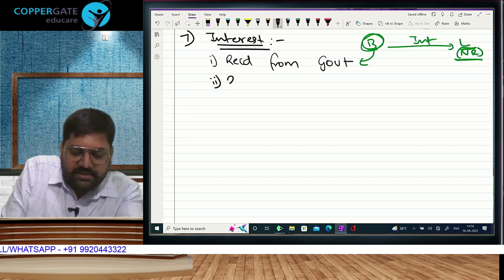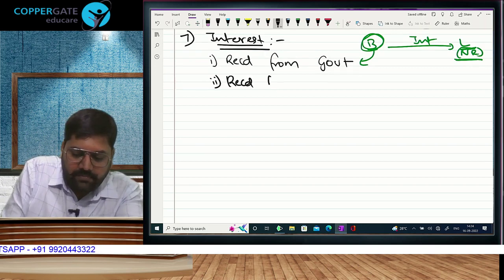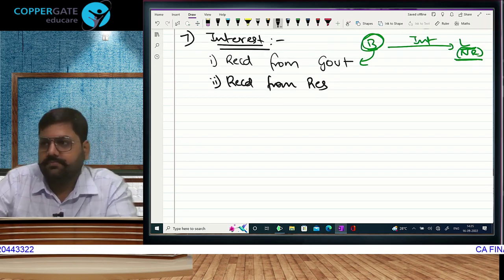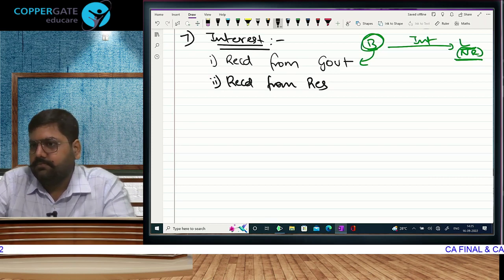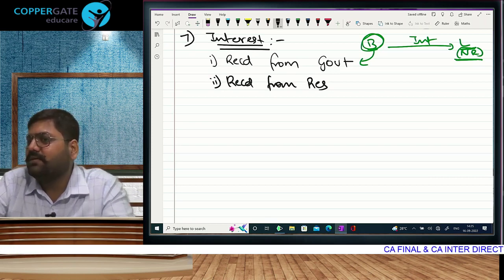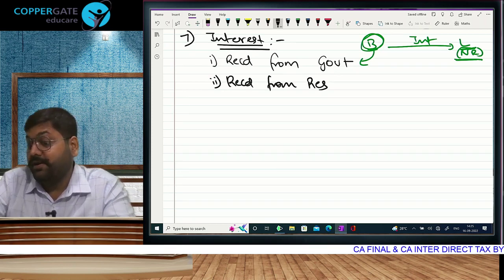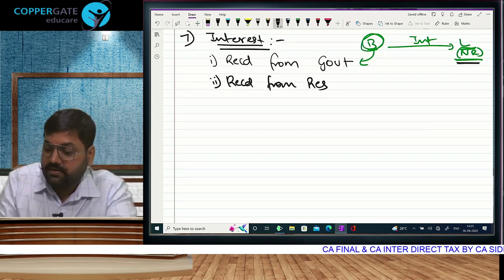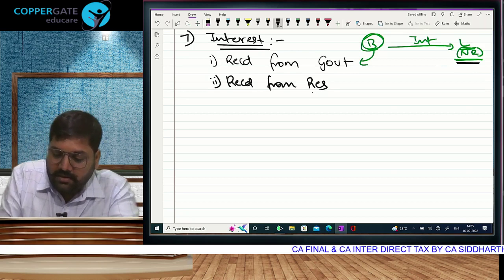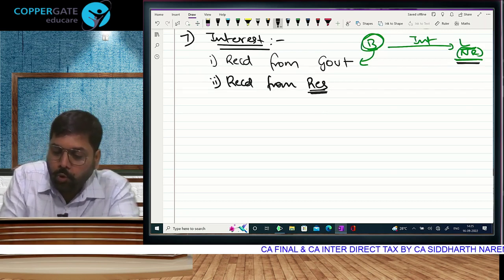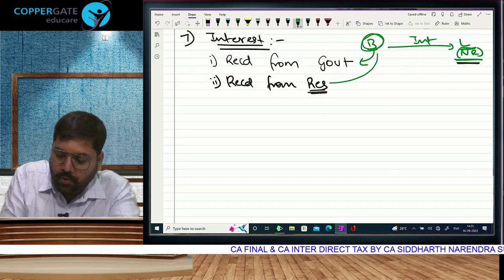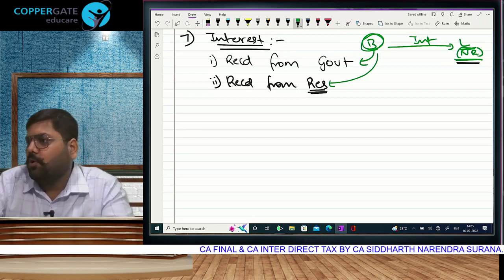Supposing the interest is received from a resident. Is the lender resident or non-resident? The lender is non-resident. Then this resident is who? The borrower.